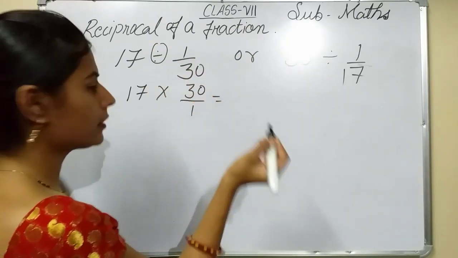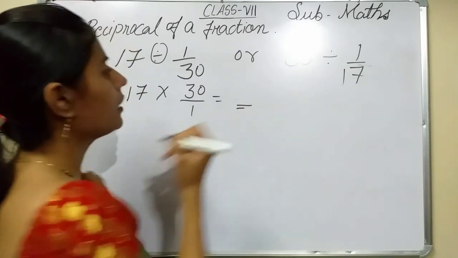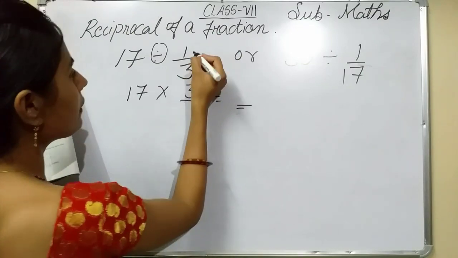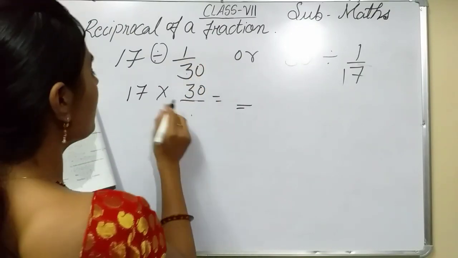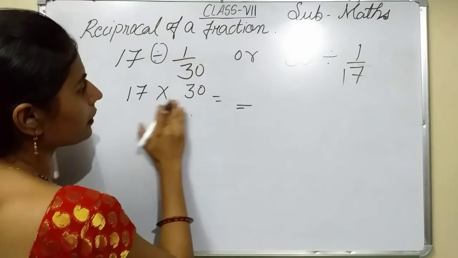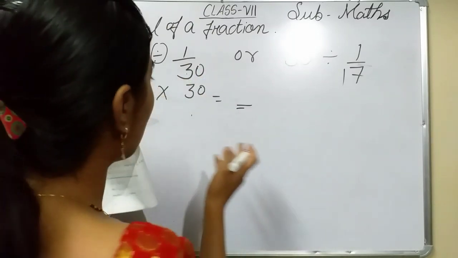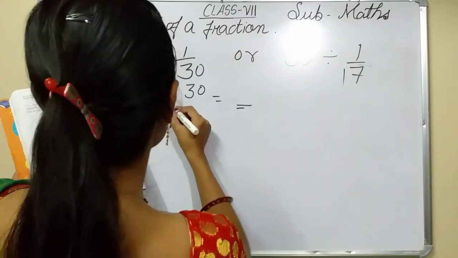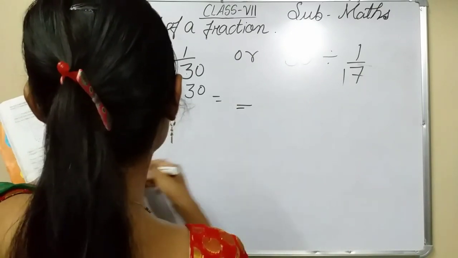Now multiply it and you will get your answer. Here 1/30 becomes 30/1, you have to interchange this. 1 doesn't mean anything. So write 30 multiplied by 17.